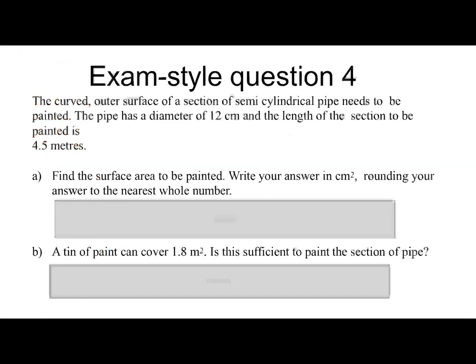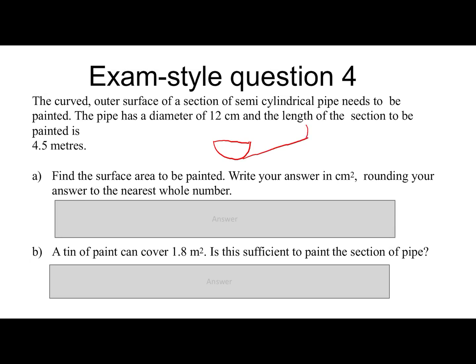Okay. Right, last question. Very, very difficult. Let me just explain this question before you start, okay? Now it says the curved outer surface of a section of a semi-cylindrical pipe needs to be painted. So what do I mean by that? I mean that I have got a semi-cylindrical pipe.